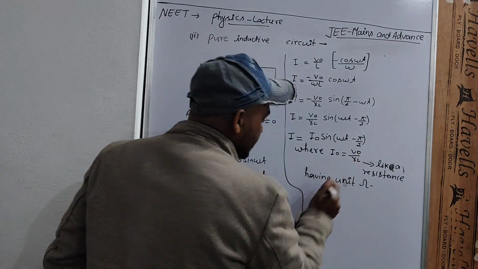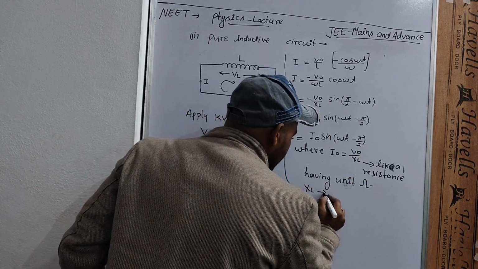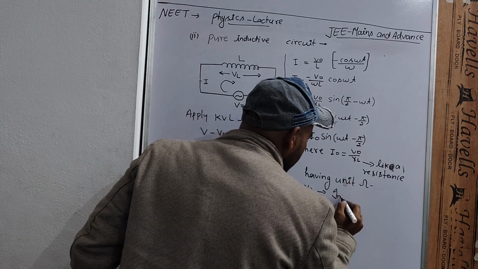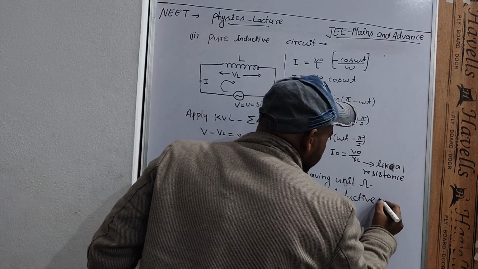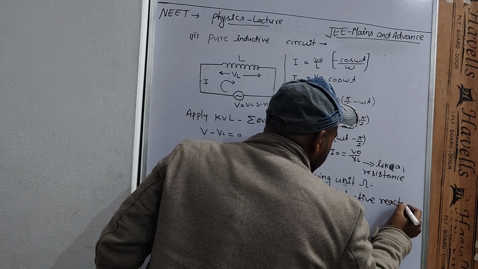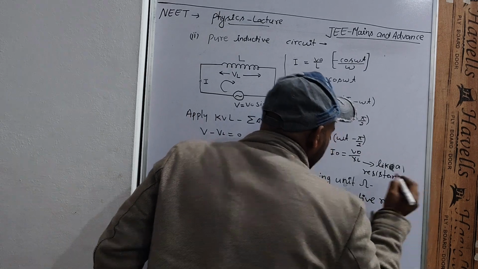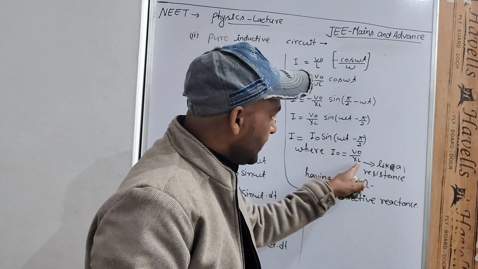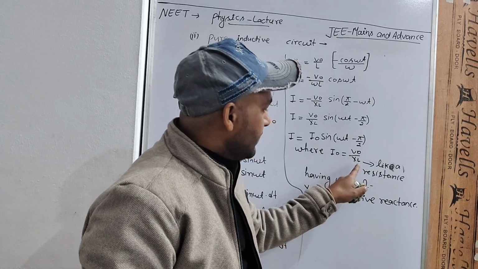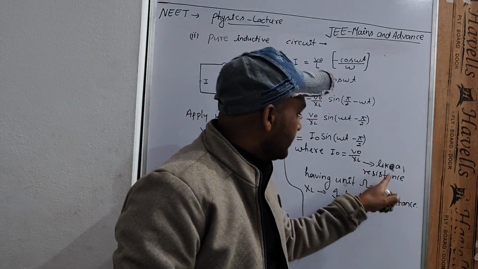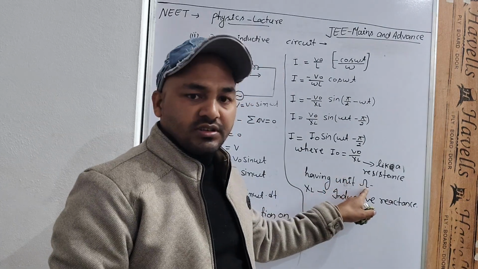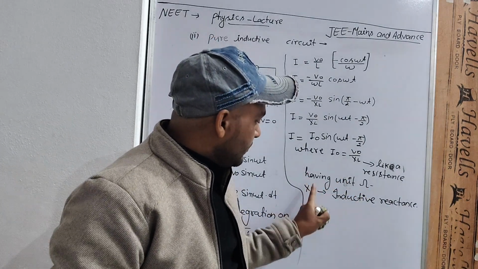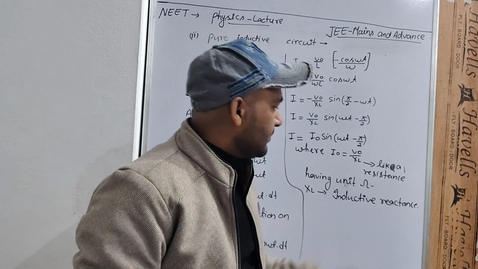But this resistance XL is called inductive reactance. The symbol XL is working as a resistance in the inductive circuit, which has the same unit as a resistor, and is also known as inductive reactance.